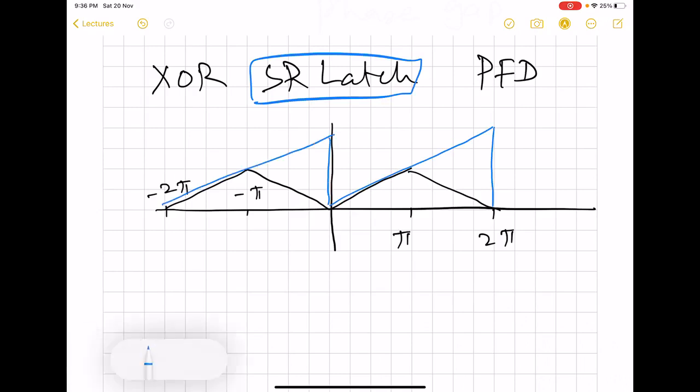Like this. But this PFD, which is more capable, was able to detect phase error over a range of 4 pi.